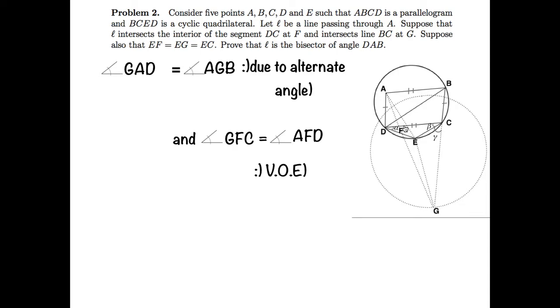Now to prove that angle CFG is equal to angle FCG, you have to prove first that FC is equal to GC, right? So if you prove FC is equal to GC, you are done with this problem. So prove that FC is equal to CG, right?